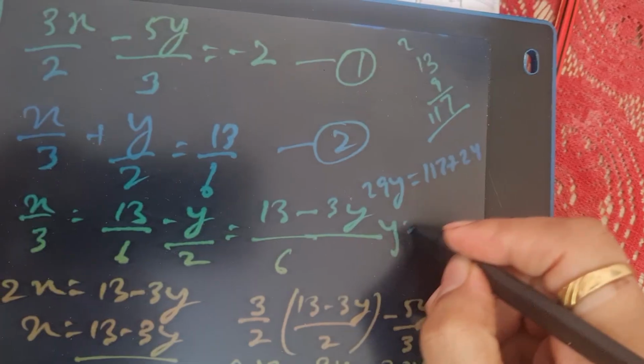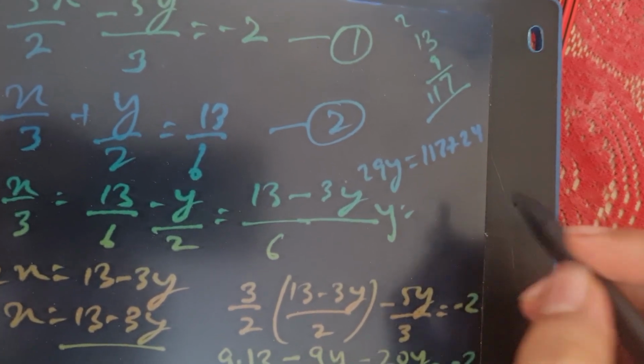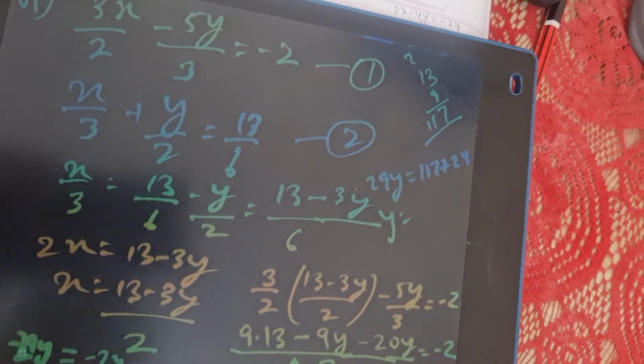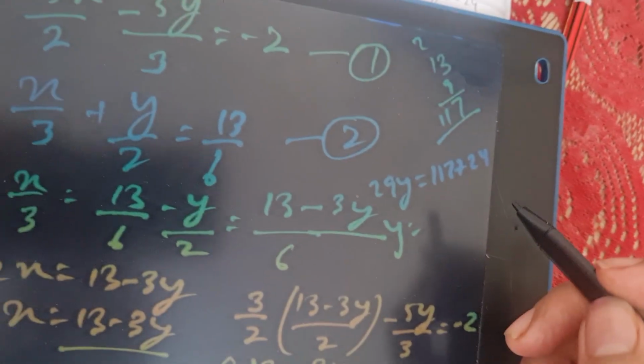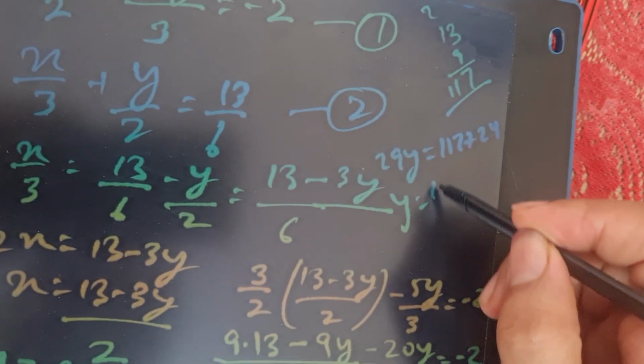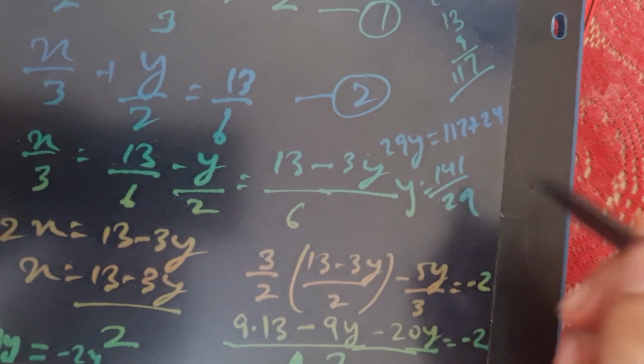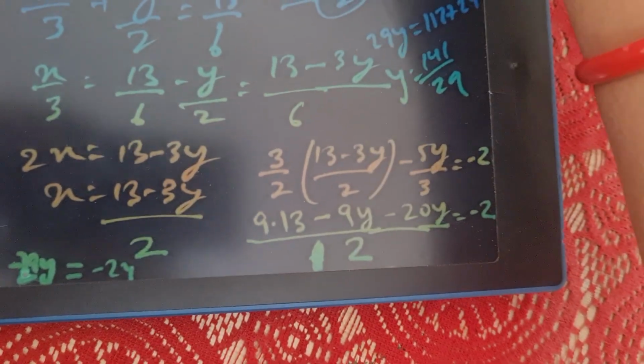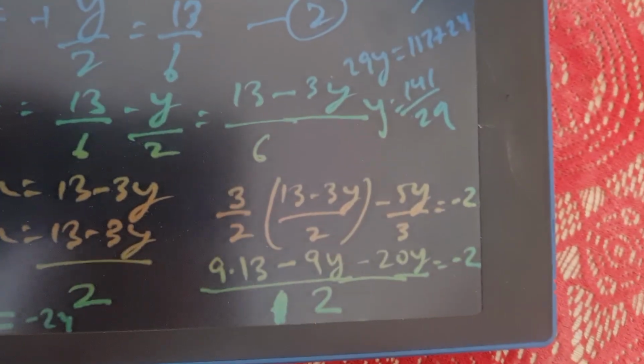So y is 141 divided by 29. This is y, and if we substitute the value of x, we will get x.